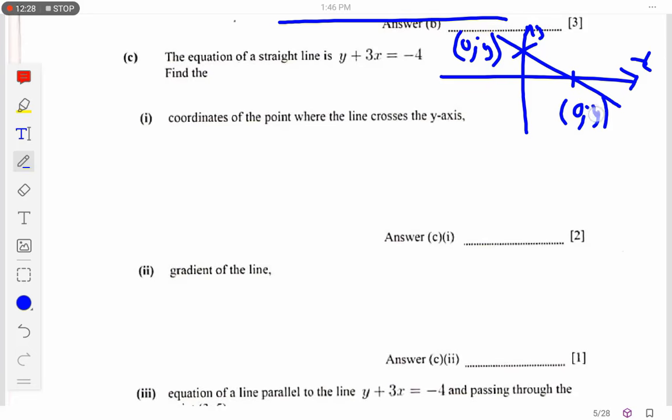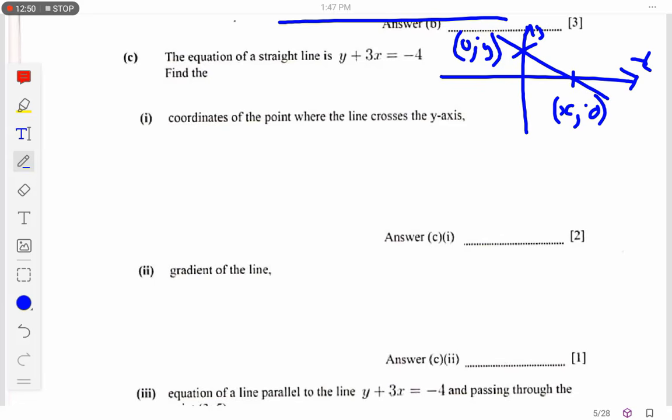Let me check something. Our x is 0. Our y is, okay, for the first one there, that was this one. When we have an x value, I can say x and a 0 here, like that.